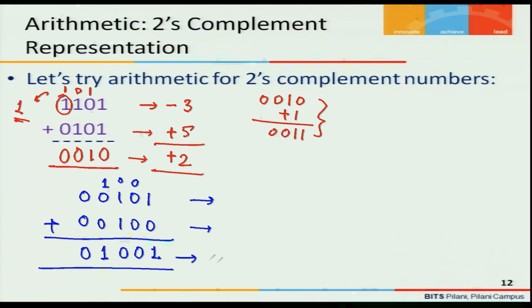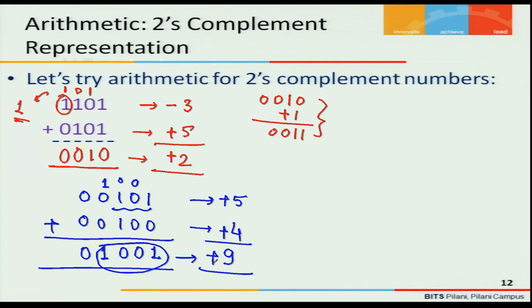So what is the result we are getting here? The result is the representation of 9. What is the value of the first number? The value of the first number is 5. What is the value of the second number? 4. Both are positive numbers, so plus 5 plus 4, and the result is also plus 9.